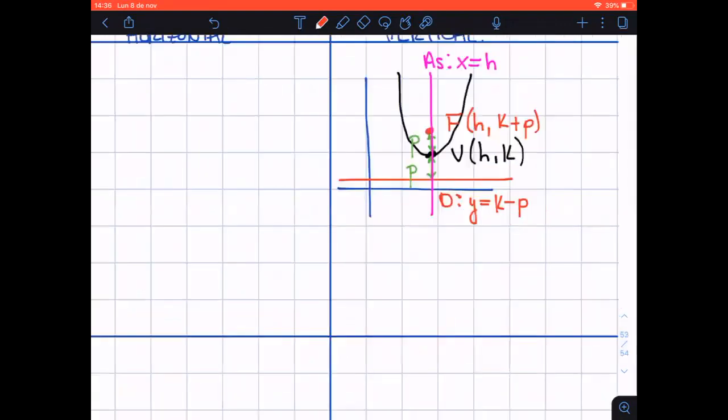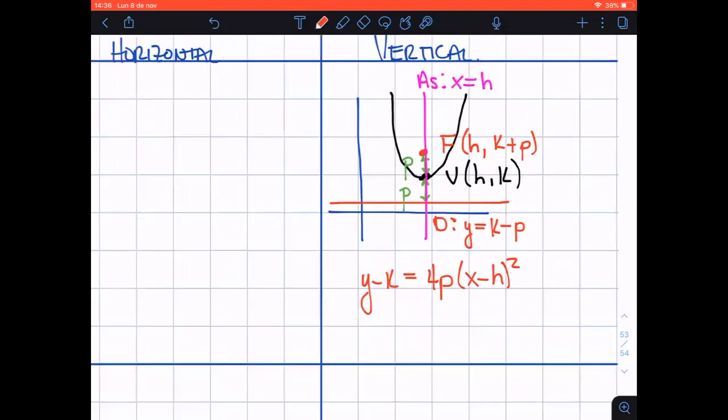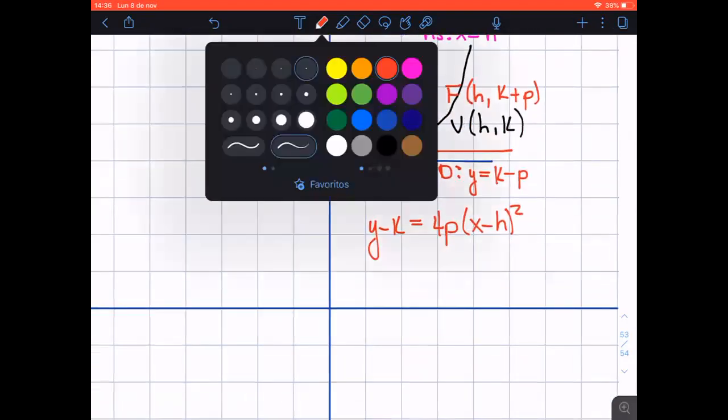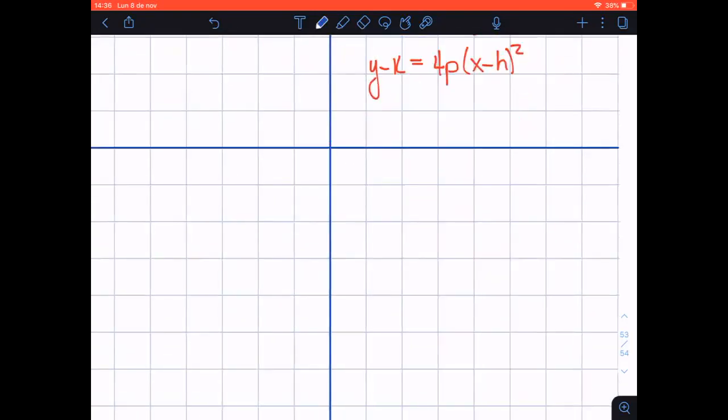So the equation of this parabola will be y minus k equals 4 times p times x minus h squared. Great. Let us look at the vertical negative one.